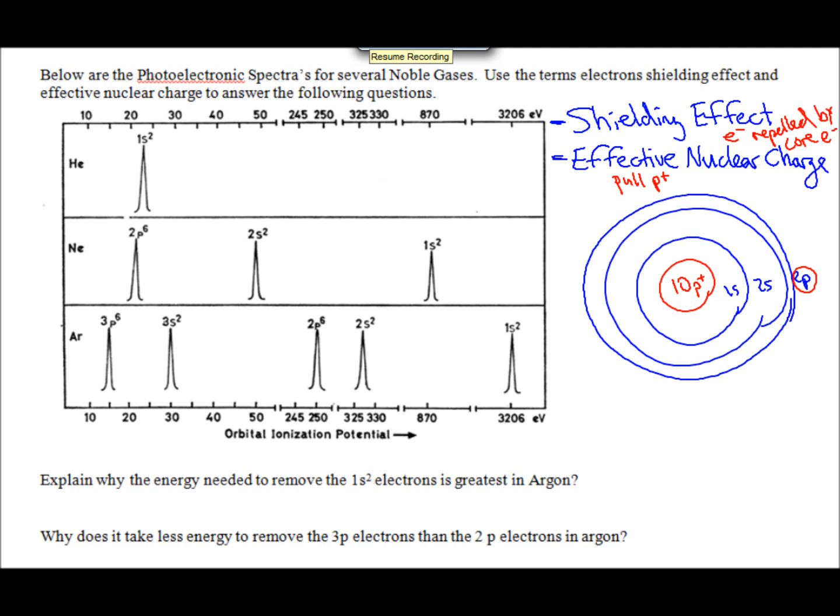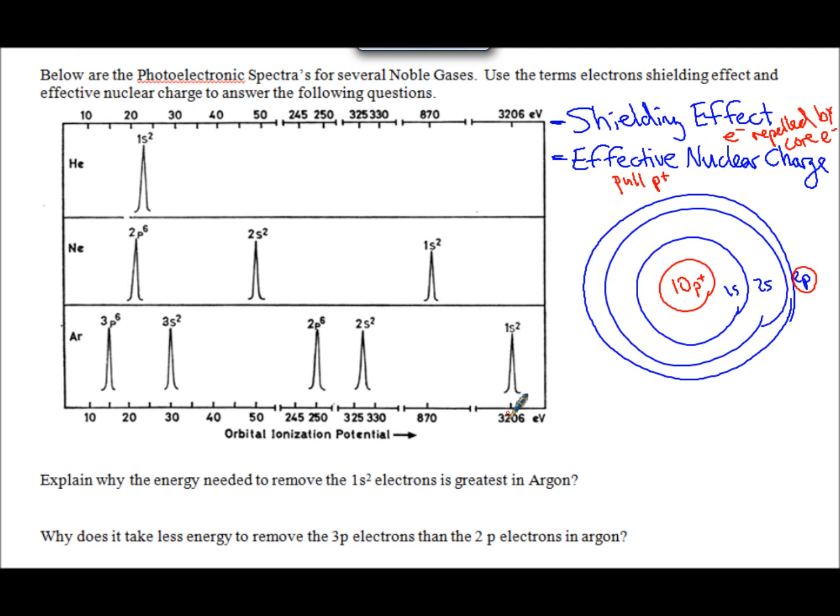So they bombard these atoms, electrons get pulled off, and it gets harder and harder to pull electrons off the closer those electrons are to the nucleus, so they have to use higher energy, and they keep getting higher and higher until they can get them off. And so you can see this is the amount of energy associated with pulling these electrons off. 30, 250, 325-ish, 3,000.